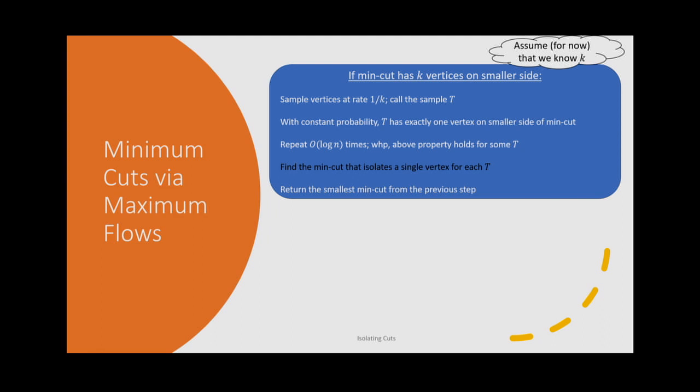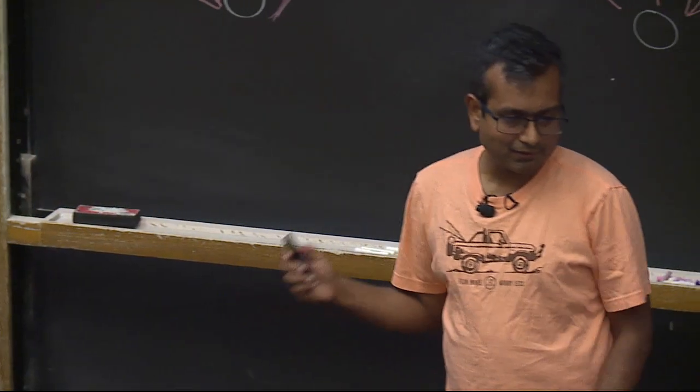I need to find min cuts that isolate individual vertices in my sample from the rest of my sample. So my sample now has a bunch of vertices. I don't know which of these vertices is on the smaller side of the min cut, but there's exactly one. So if I can find cuts that isolate individual vertices of my sample from the rest of the vertices, then the smallest among these is going to be my global min cut. So that's the algorithm that I described here.